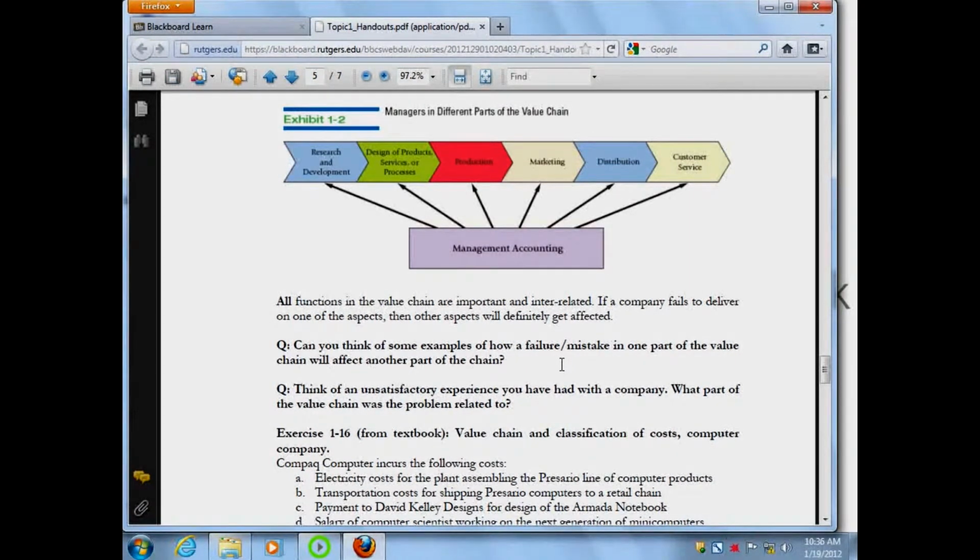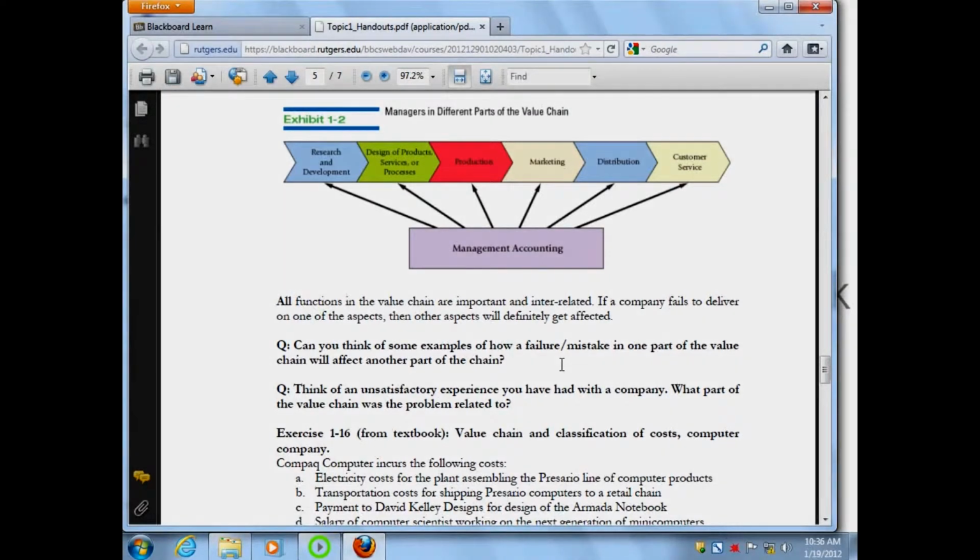So which part of the value chain is most important? I've heard marketing, I've heard R&D, production. So you understand the reason why it's a chain now, because it's all interlinked.